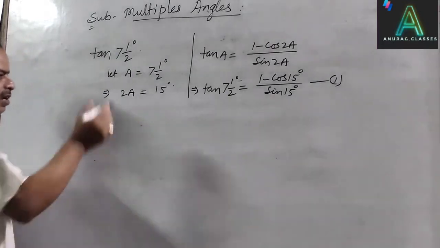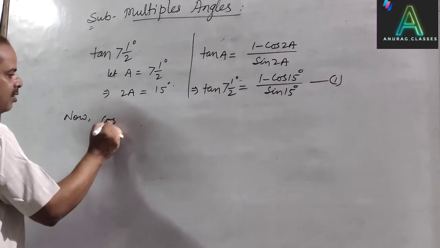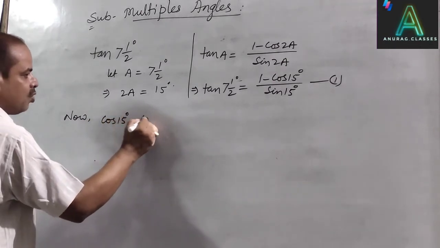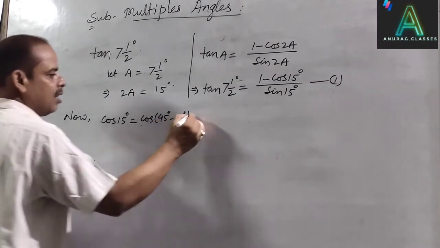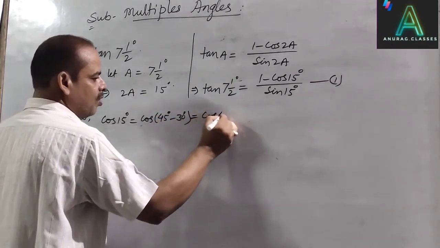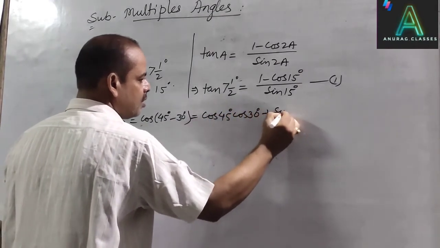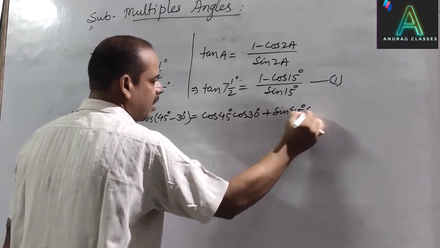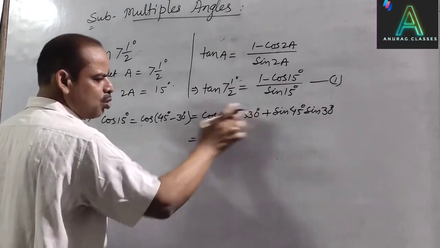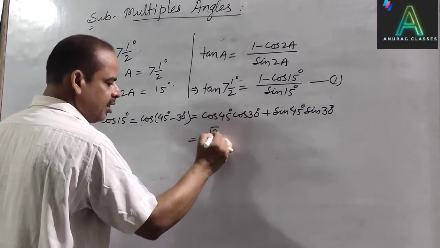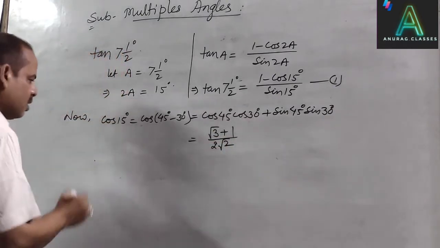So let us find the value of cos 15 and sin 15, which you can do very easily, as cos 15 degrees is equal to cos(45 minus 30), and it will be cos A cos B plus sin A sin B, and by putting the values of different terms, very easily you can conclude that it is (root 3 plus 1) by 2 root 2.